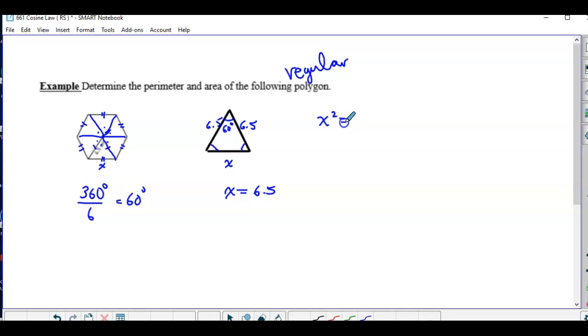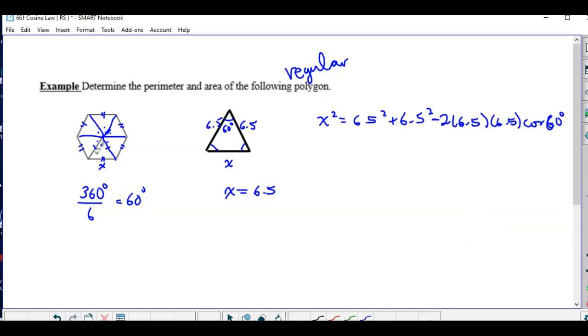But if you didn't realize that, then you would use the cosine law. So x squared equals, and why don't we test it out? 6.5 squared plus 6.5 squared minus 2 times 6.5 times 6.5, which is actually 6.5 squared as well, cos of 60 degrees.